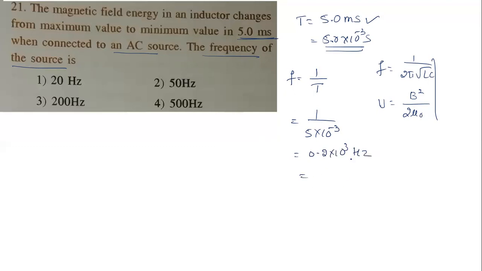Multiplying by 10 power 3, it becomes 200 hertz. The third option is correct. It is a simple thing, no need to go for those formulas. Let's move on to the next question.